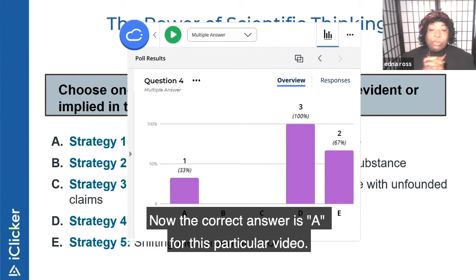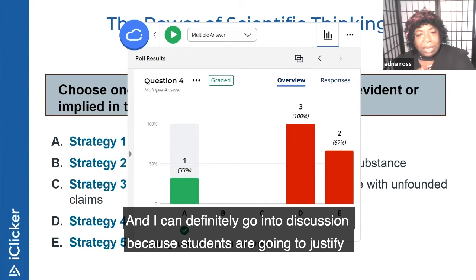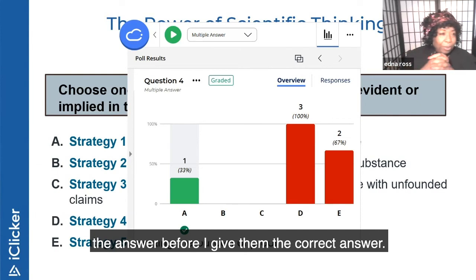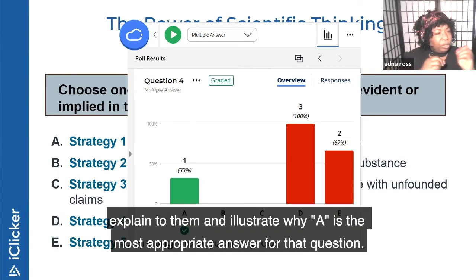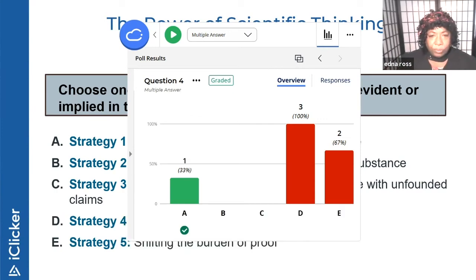Now, the correct answer is A for this particular video, and I can definitely go into discussion because students are going to justify the answer before I give them the correct answer. And then I can also show the video again to explain to them and illustrate why A is the most appropriate answer for that question.